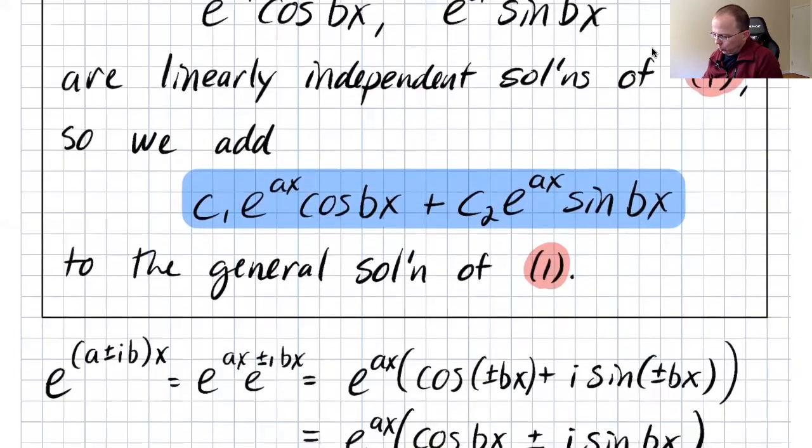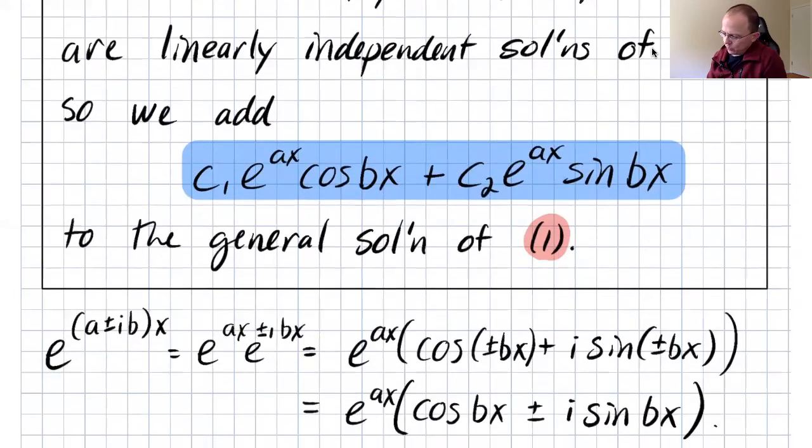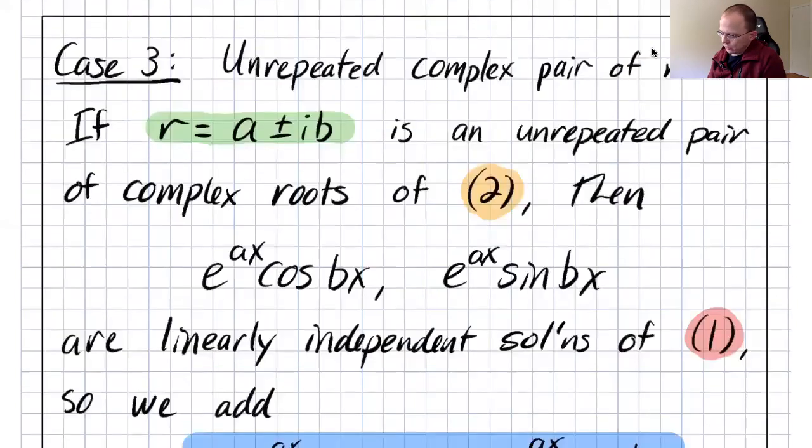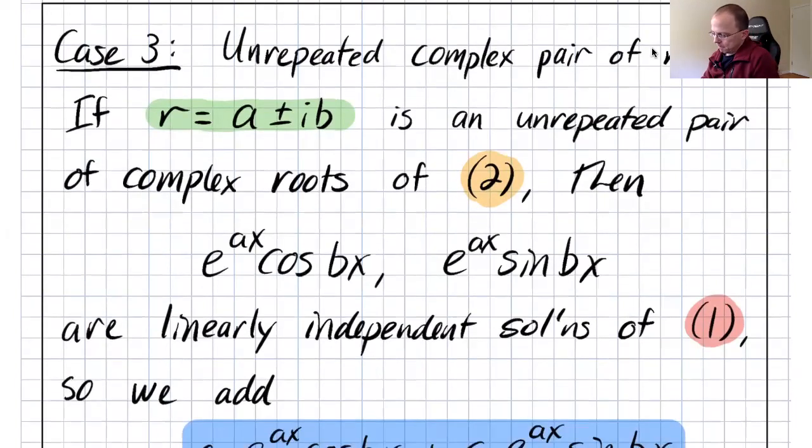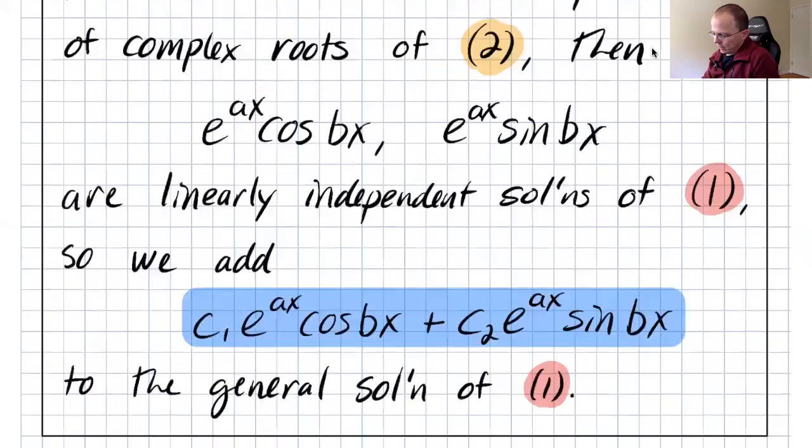Now, where does this come from? I guess we already know from Euler's formula that this is somehow related. We're going to be doing e to the rx, and that's going to somehow give us these trig functions. How does that work?